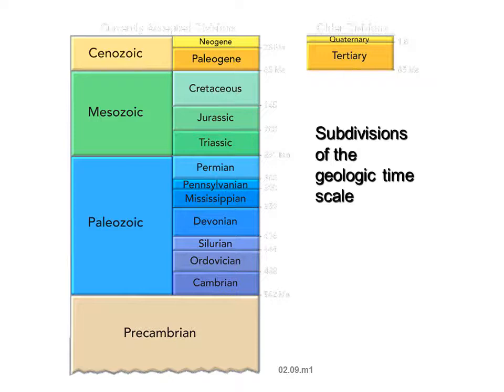And the time scale is not set in stone. There was a recent change in subdivisions of the Cenozoic, so these are flexible, and it all depends on what new evidence we can find in the rocks for other big changes that are worthy of a new distinction.